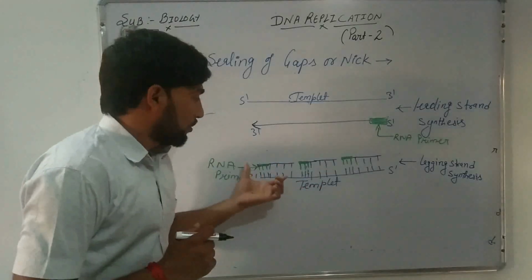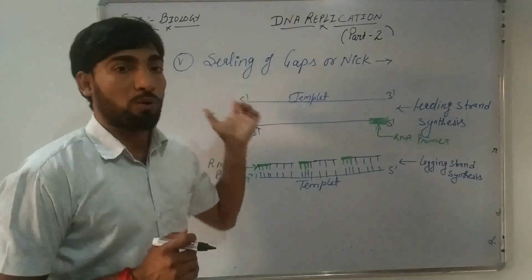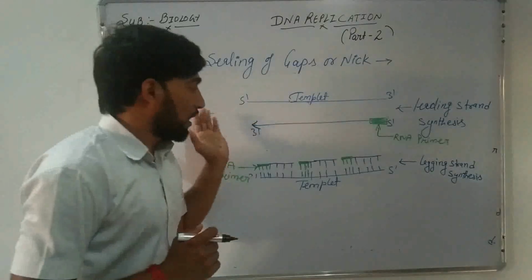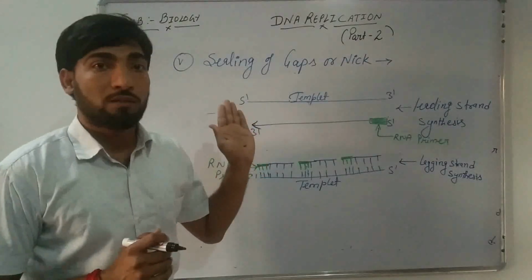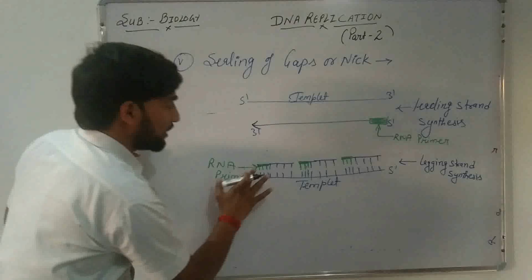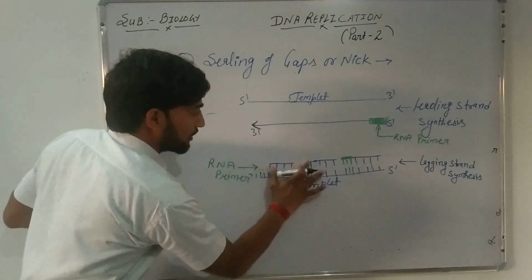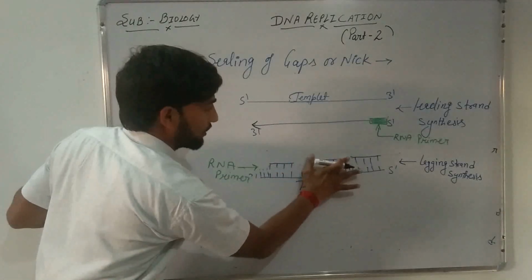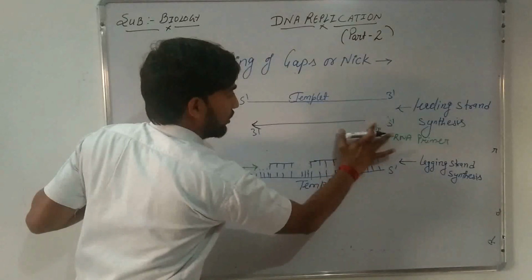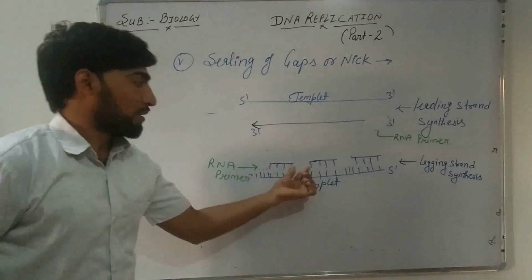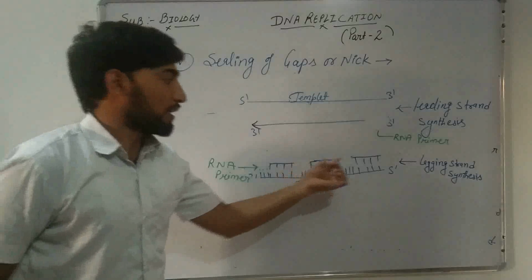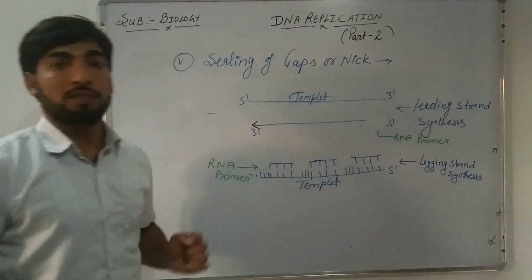So during sealing of gaps or nicks, the DNA polymerase I enzyme first removes the RNA primer. And due to removal of the RNA primer, gaps are created between the DNA strands.